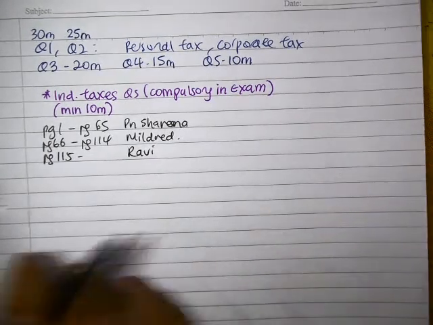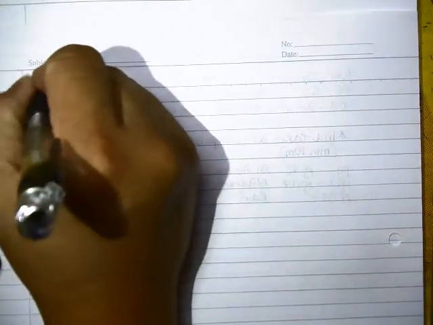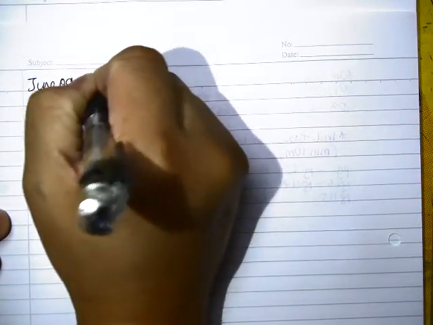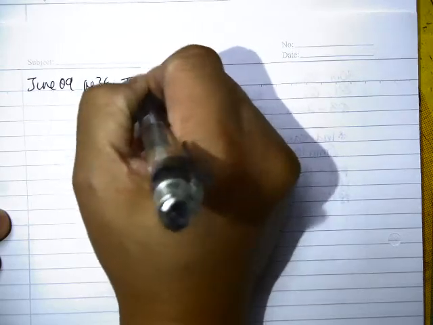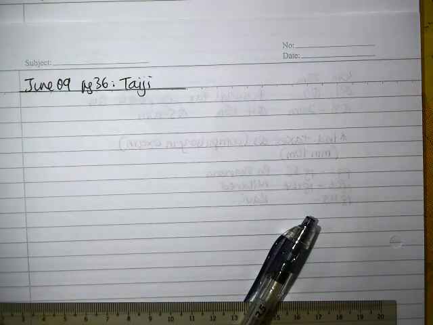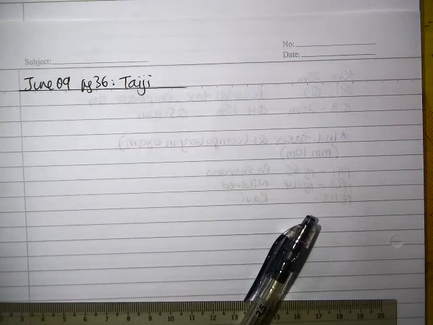Let's look at page 36. Follow? Now, so that's an example of a corporate tax question.